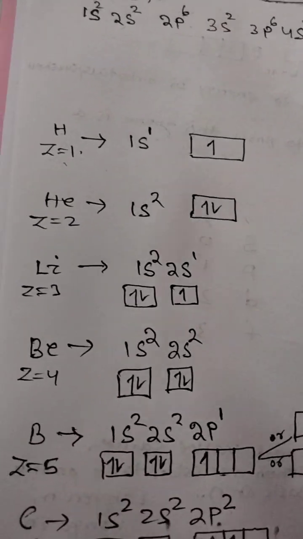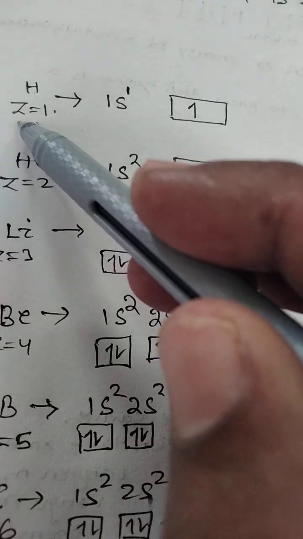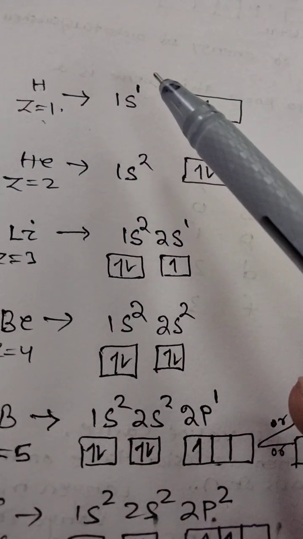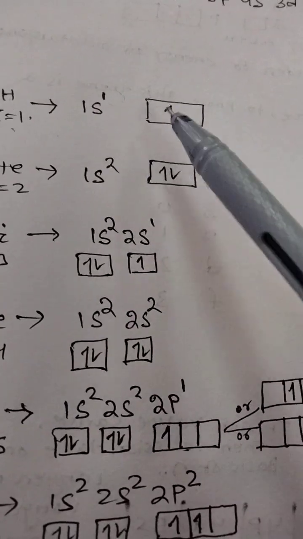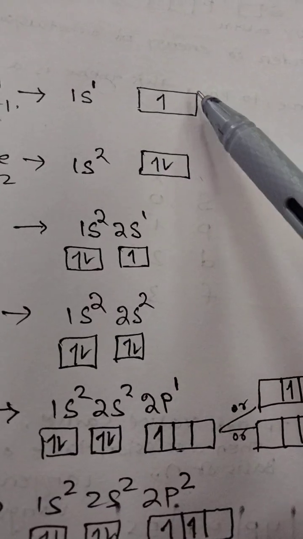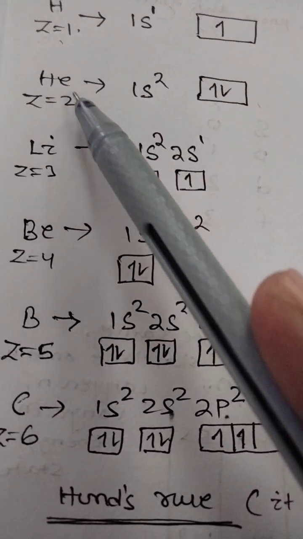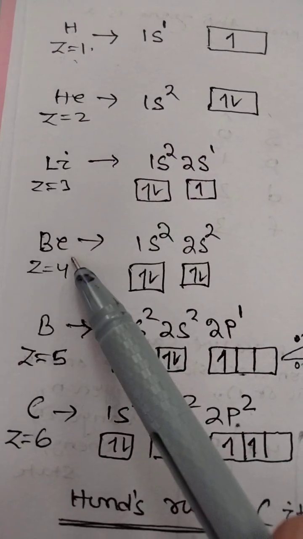As we know, hydrogen has atomic number Z equal to 1, so its electron configuration is 1s1. One electron fills the 1s orbital. Similarly for helium, lithium, and beryllium.